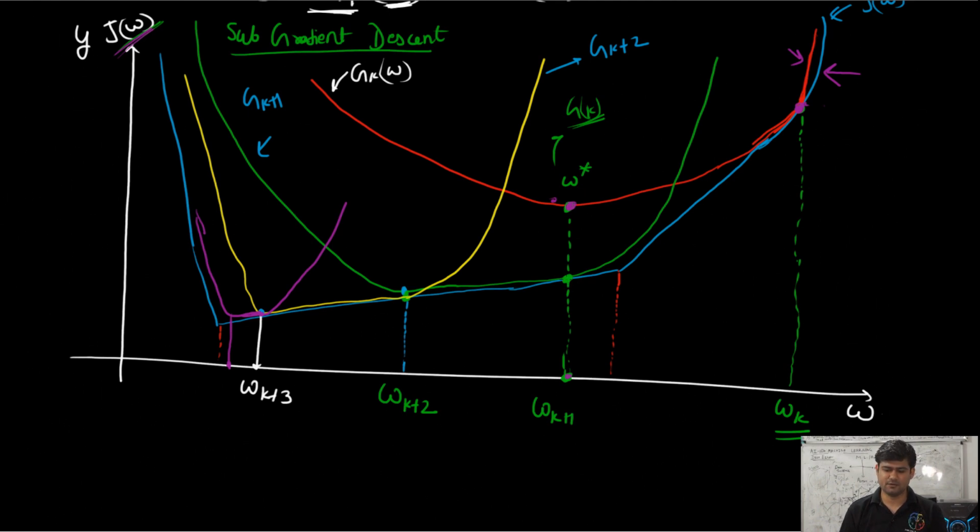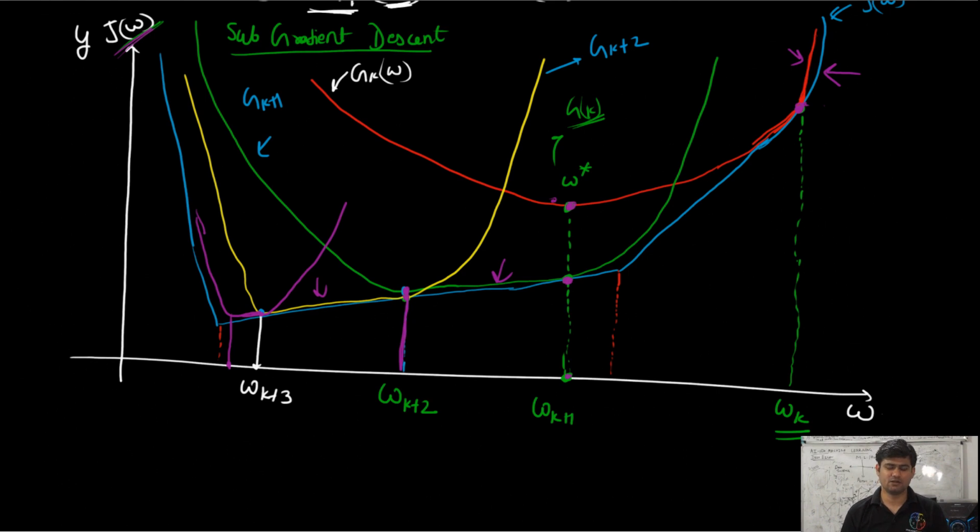So at point wk plus 2, we select another function, we minimize it, we obtain a new estimate for the parameters w, and then at that point we select another function, and we repeat this process again. So this is in a nutshell what the majorization minimization algorithm is.